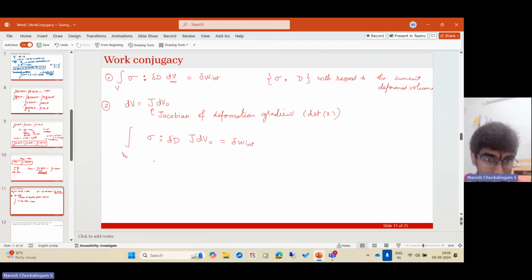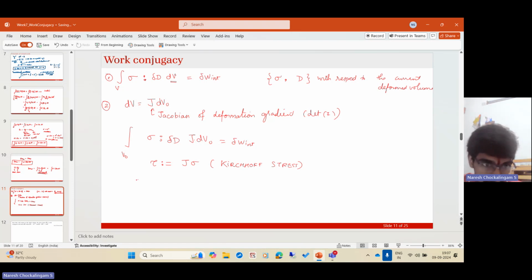So you can make some transformation. You can call this tau as J times sigma, and this is called the Kirchhoff stress. So by scaling the Cauchy stress by the determinant of the deformation gradient, we get a new stress quantity, which is the Kirchhoff stress.